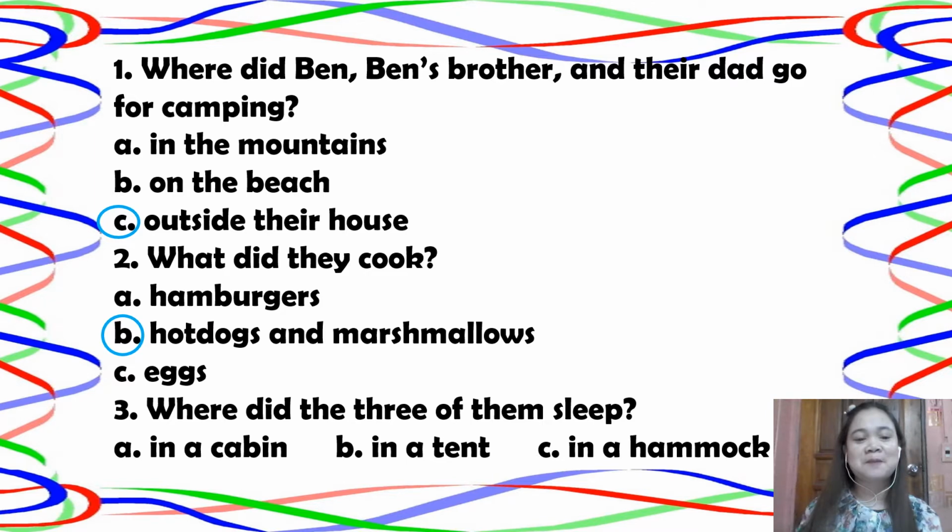Number 3, where did the 3 of them sleep? A, in a cabin, B, in a tent, or C, in a hammock? Very good. In a tent.